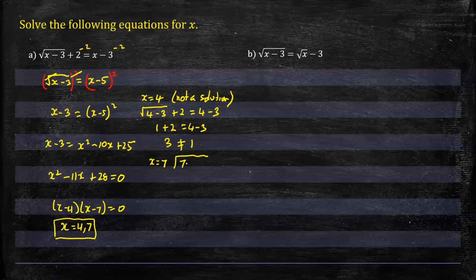So we'll have the square root of 7 minus 3 plus 2 equals 7 minus 3. 7 minus 3 is 4. The square root of 4 is 2. Plus 2 equals 7 minus 3. 2 plus 2 is 4. 7 minus 3 is 4. And these are equal. So now we can say that x equals 7 is the solution.